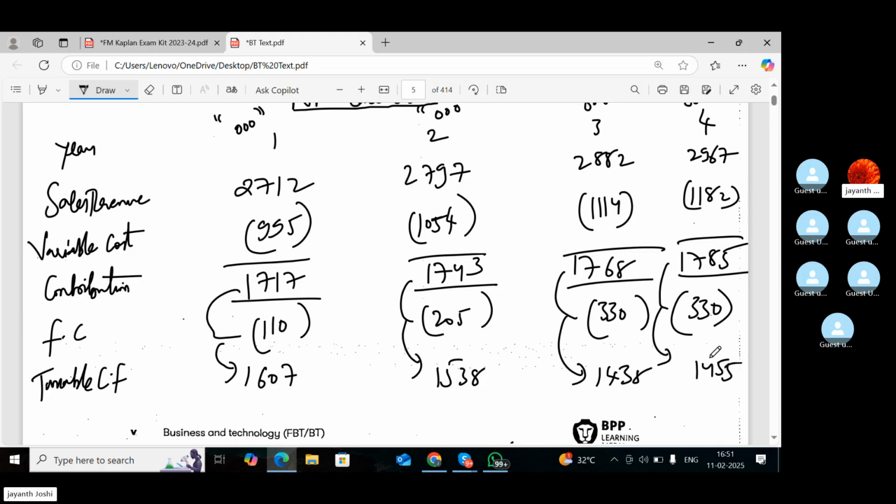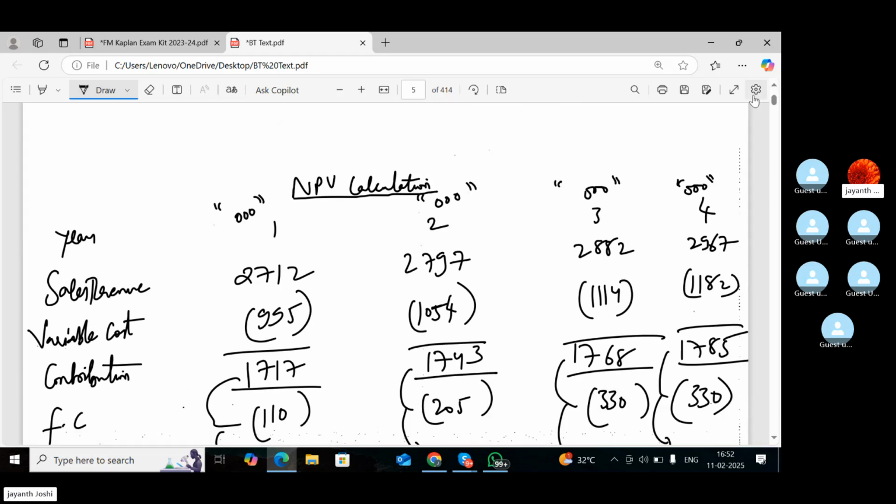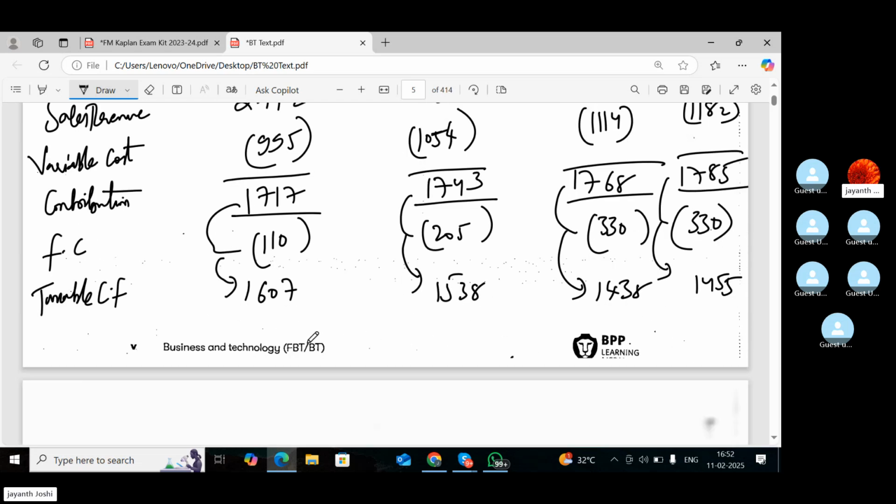Fine. Now after getting the taxable cash flows, we need to see the tax benefits we have calculated, and we can claim this only in arrears. So I'm sorry, we need to give one more year, the 5th year. There's a space constraint, you can understand. Before that, we need to deduct the taxes.